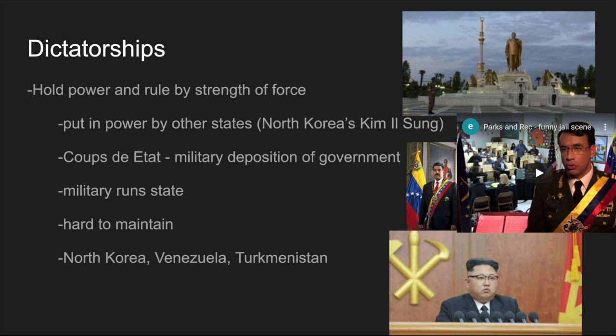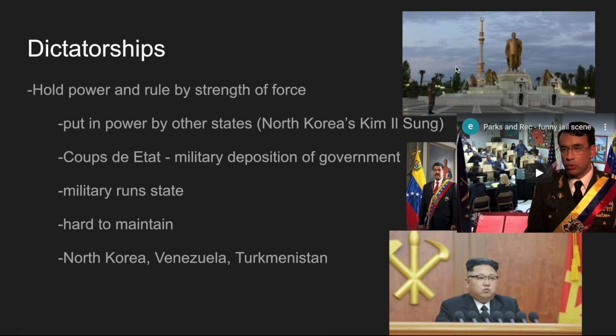The problem with dictatorships is they're hard to maintain, because the second you lose your grip on the military or the people stop fearing you, they're going to run you out of town on a rail. They're probably going to kill you. So very, very, very repressive societies as a result, because if you give people too much freedom, they're going to realize that they want more freedom, and they don't want some pudgy little monster or a former bus driver or a dentist running the country.